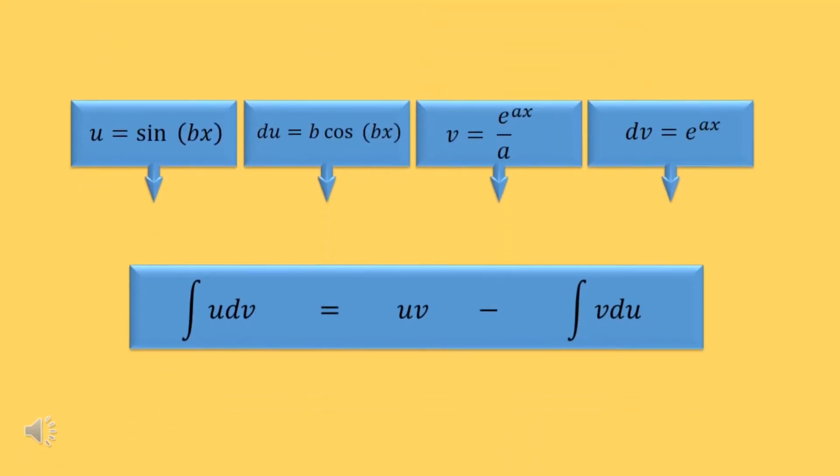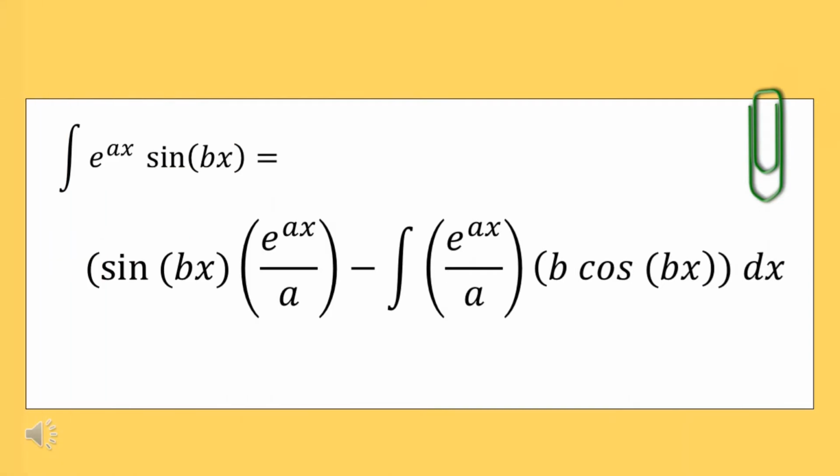After we got all of them, u, du, v and dv, we arrange all of them based on the formula. After we arrange, it will be sin bx multiplied by exponent ax over a minus integration of exponent ax over a b cos bx.